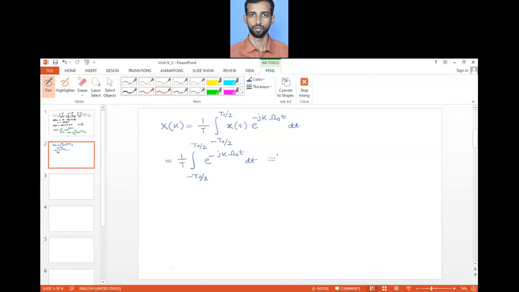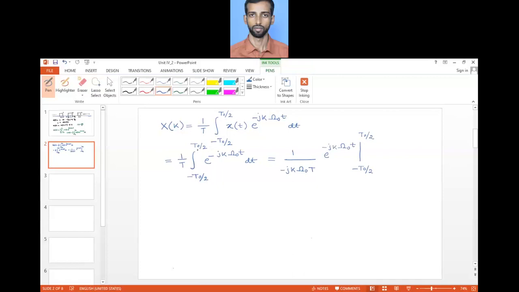So that is equal, if we integrate this one, e to the power minus jk omega naught t dt will give us 1 by minus jk omega naught capital T, then e to the power minus jk omega naught t. The value should be placed from minus T0 by 2 to plus T0 by 2.